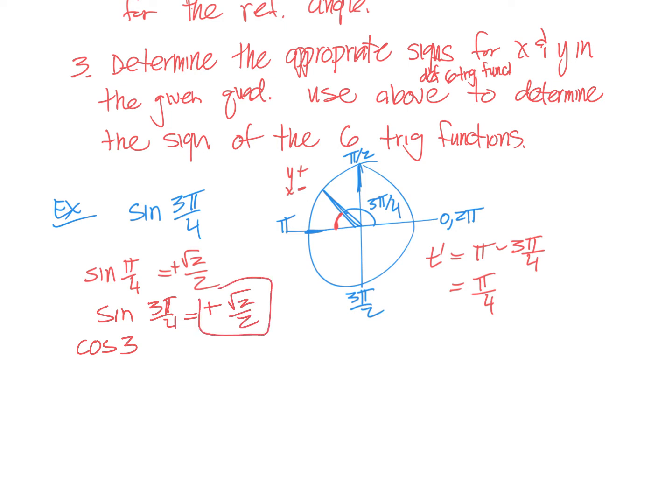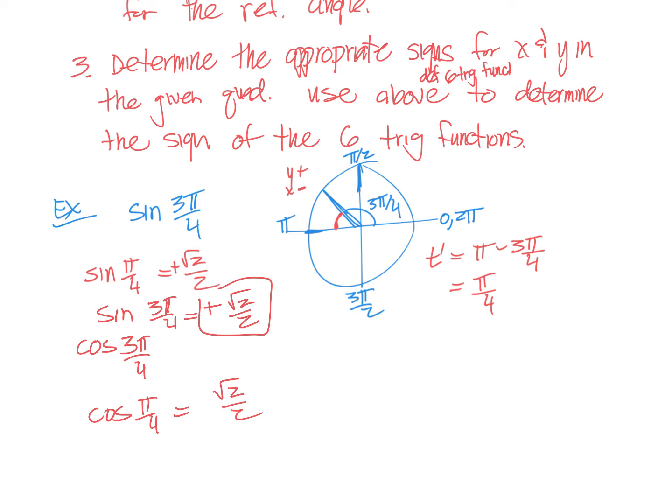Now, we'll do another using the same angle, but looking at cosine: cosine of 3 pi over 4. We know already that the reference angle is pi over 4, so we look at cosine of pi over 4, which is also square root of 2 over 2.